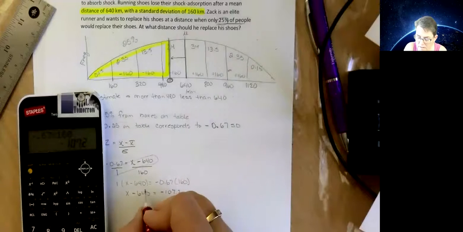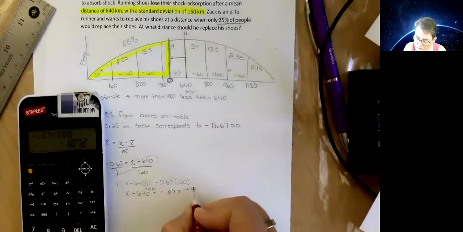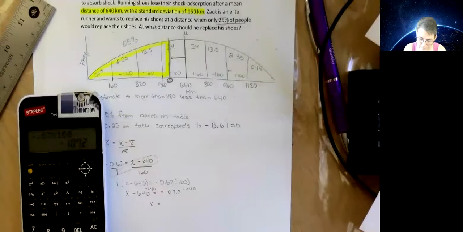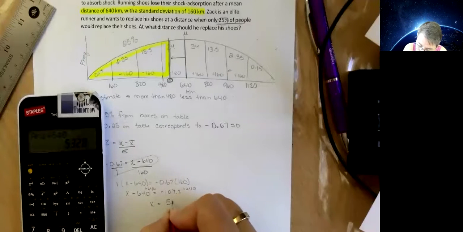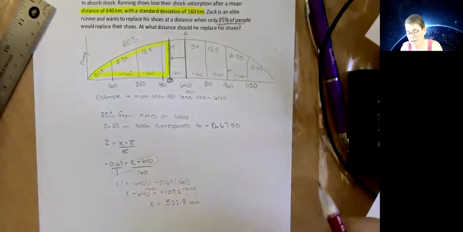Now I need to solve for x, so I add 640 to both sides. That gives 532.8 kilometers, because we were doing it in kilometers.